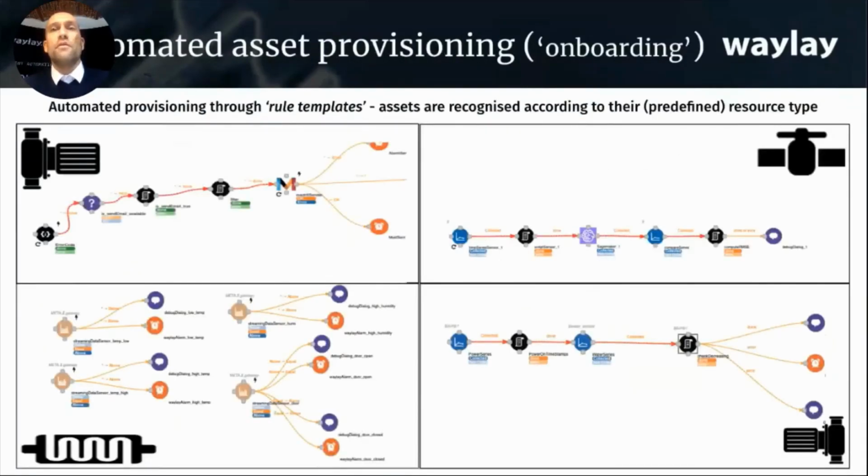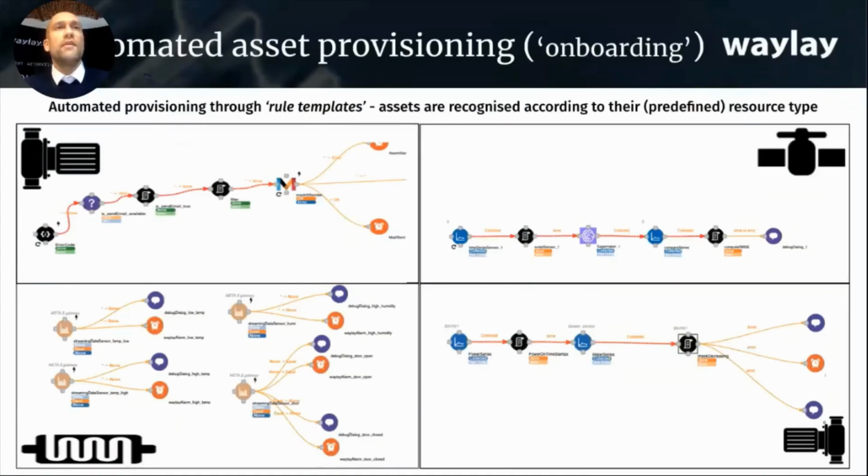We also have very strong device management capabilities through what we call a provisioning or onboarding process. So shown here are basically what we call rule templates. You can see them. They're really nice and good to look at, very easy to explain and also modify if need be.